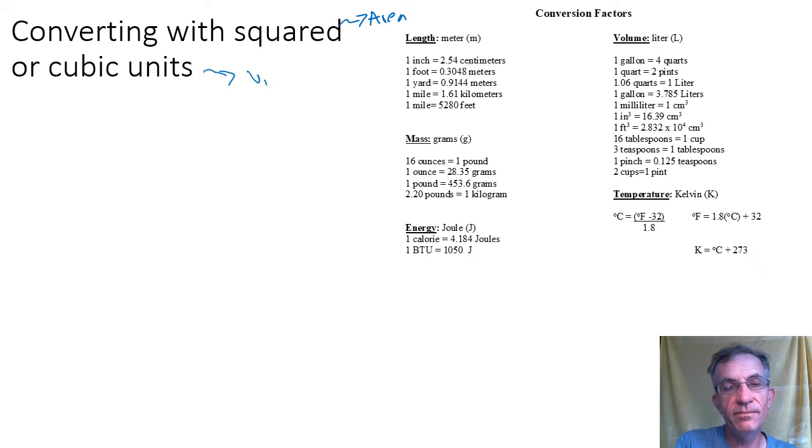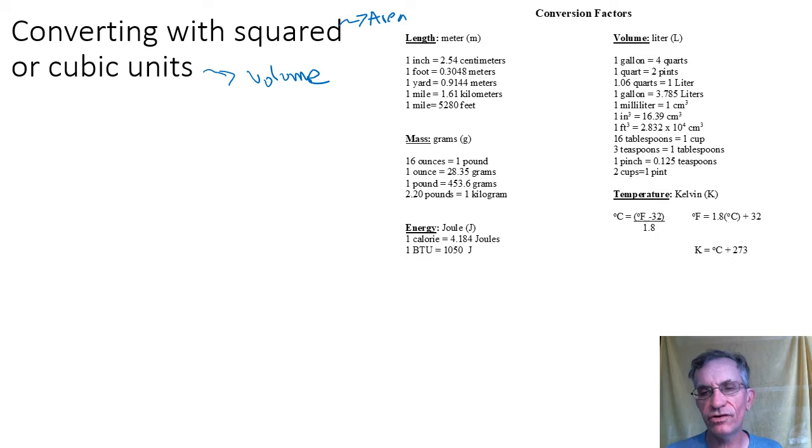What's the volume of a swimming pool? What's the volume of a cereal box or something? So cubic units, cubic inches, cubic feet, cubic yards, cubic centimeters, stuff like that. Both of these will come up depending on what we're trying to deal with, area and volume.